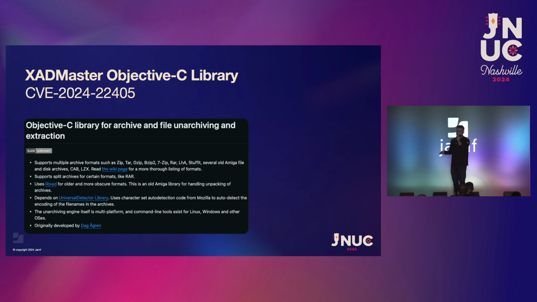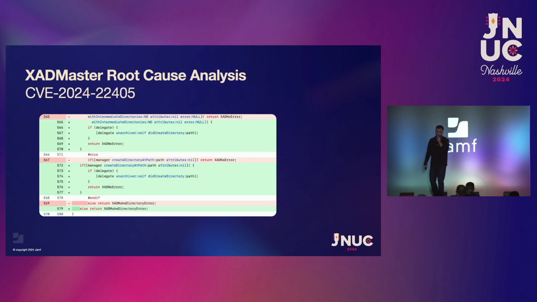XAD Master is an open source Objective-C library used for archive creation, file unarchiving, and extraction. The vulnerability existed in the XADUnarchiver and XADSimpleUnarchiver classes, where upon extracting our crafted archive, it would create the root directory at the path without propagating the quarantine attributes.